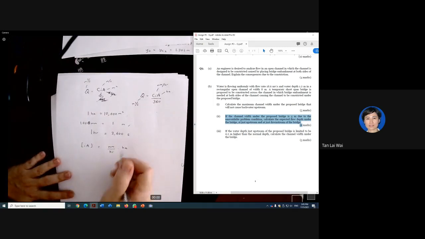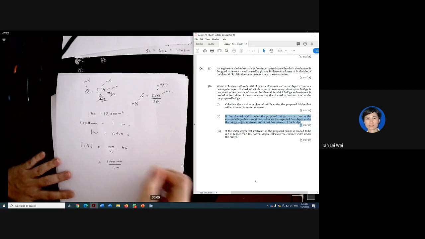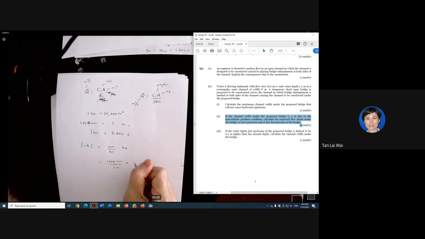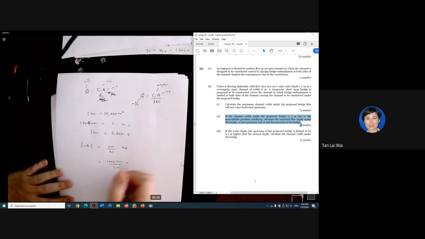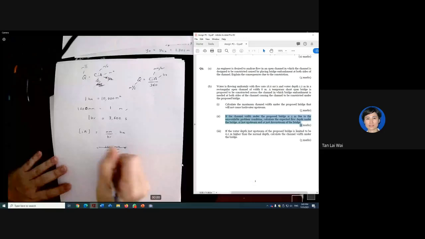Now I want to convert this. I said 1,000 millimeter will be equivalent to 1 meter. Oh, sorry, because I want to cancel millimeter, let's do this again.